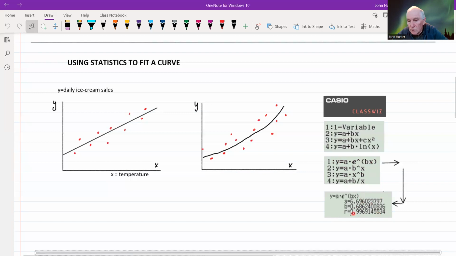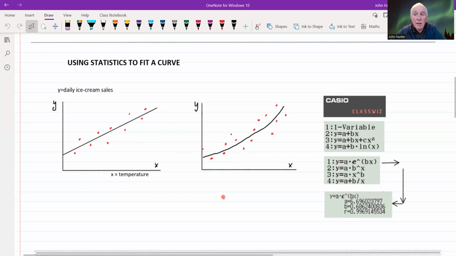Again, we get our correlation coefficient. I built it from data which had high correlation, but that's something for us to worry about in statistics. The point here is that we're actually doing a similar thing in statistics to the modeling.